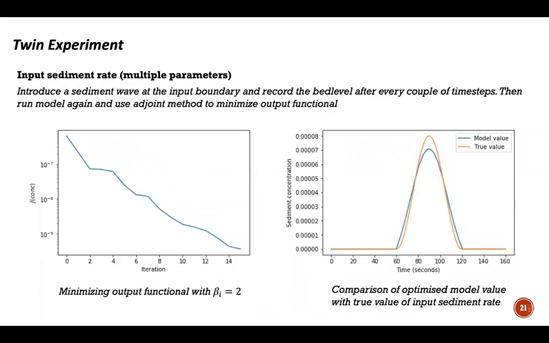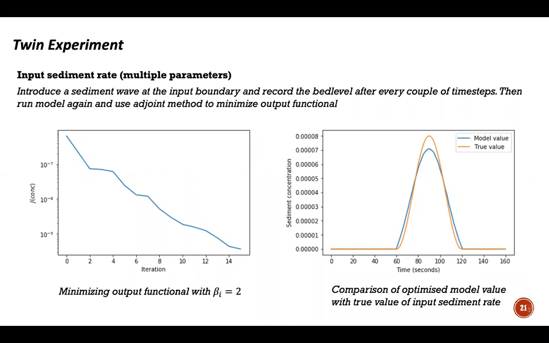Now, I said that one of the advantages of an adjoint method was that we could use it to do multiple parameters all at once. So here we have a very fake problem of a sediment wave hitting the trench. We're recording the bed level after every couple of time steps, and then we're feeding that as our true value into the model again.